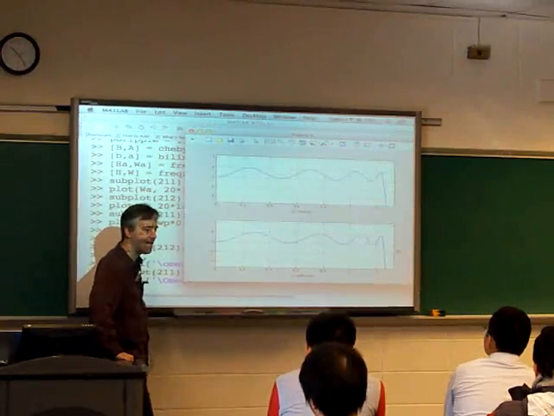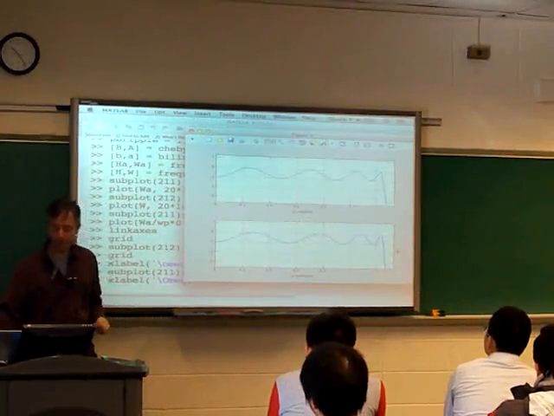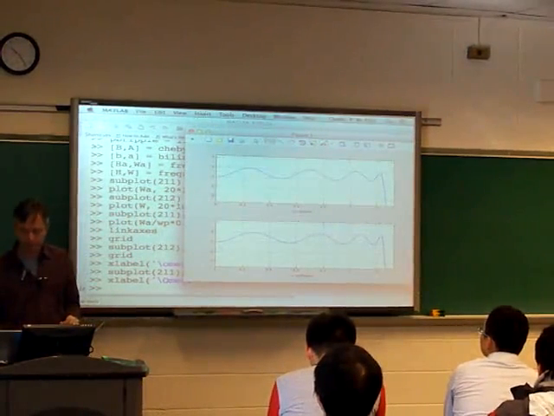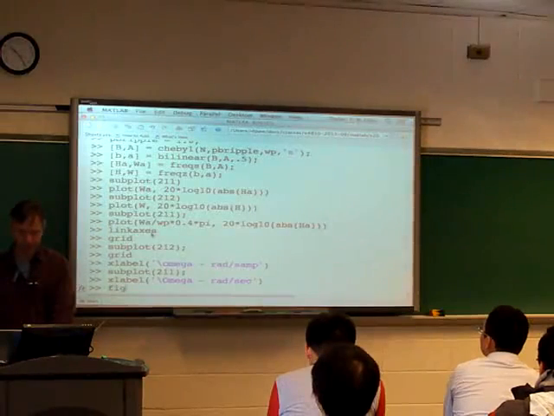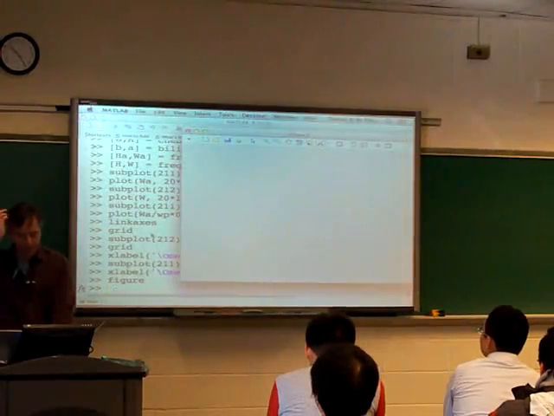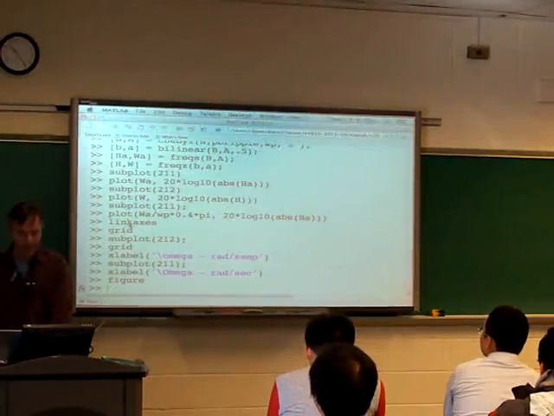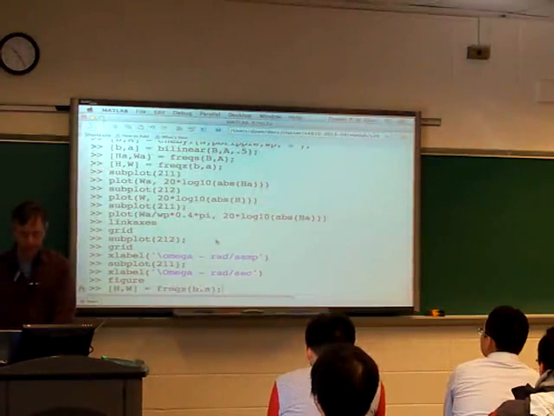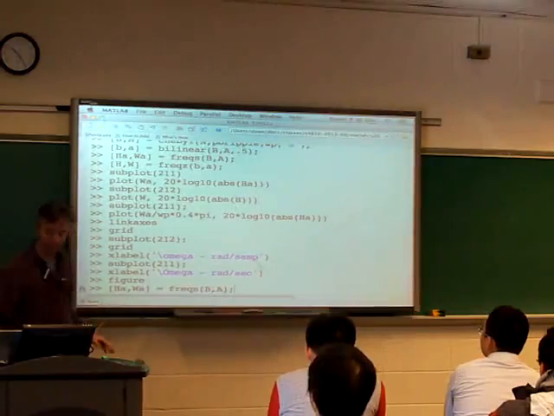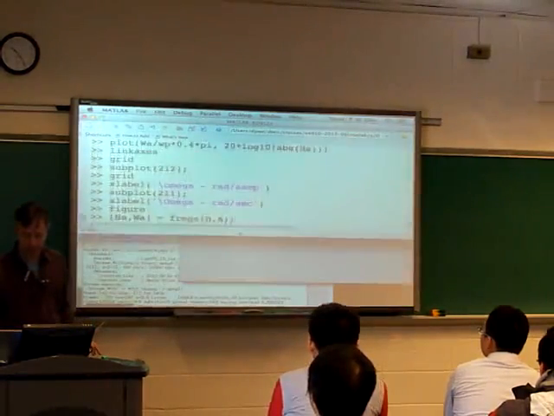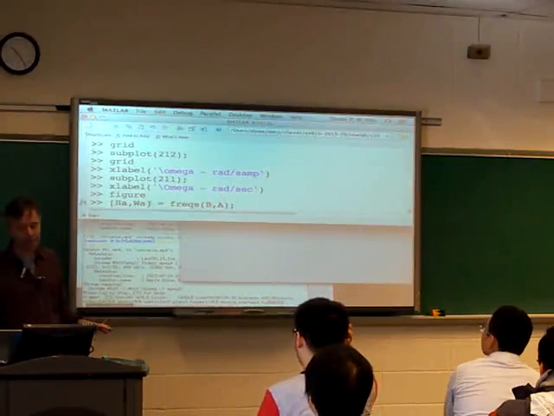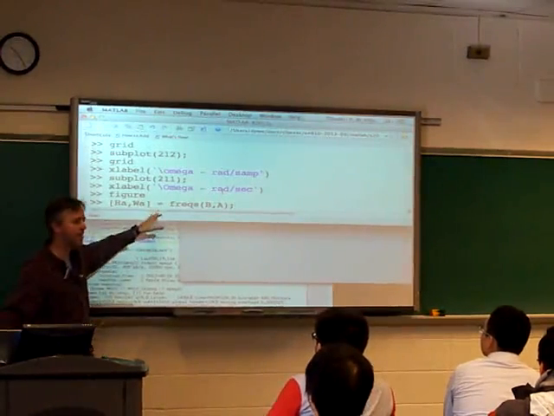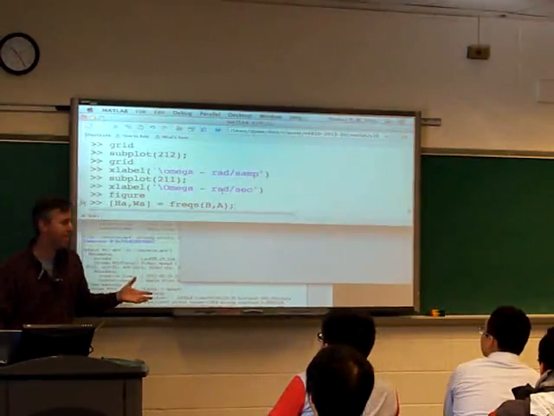Yeah. I could actually plot that. Okay. Let me just plot something here. So we got these frequency response values from freqs. And freqs, if you just pass it like this, it'll choose some range of frequencies that suits it.